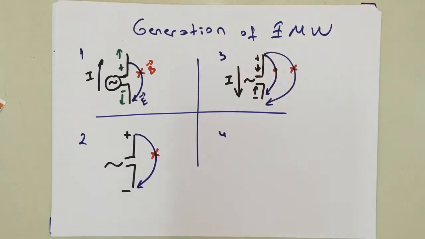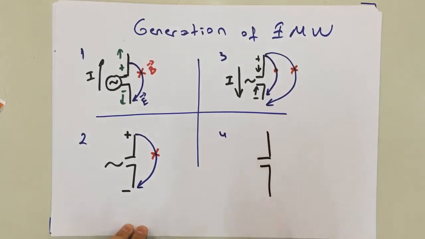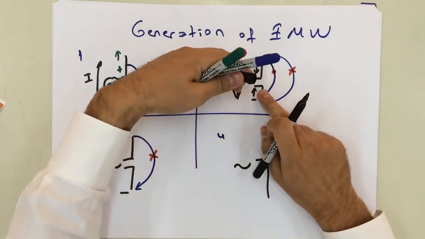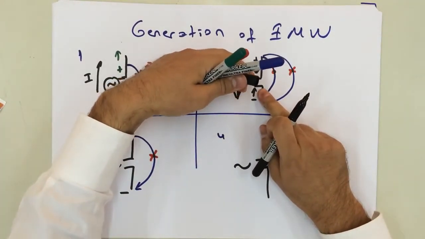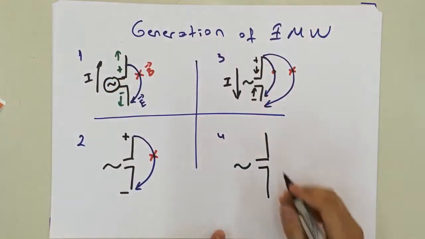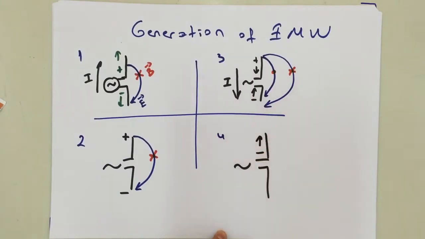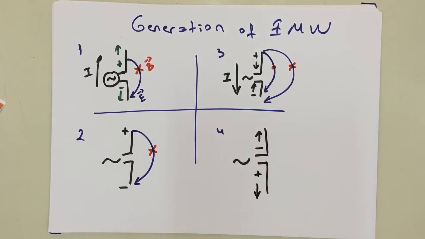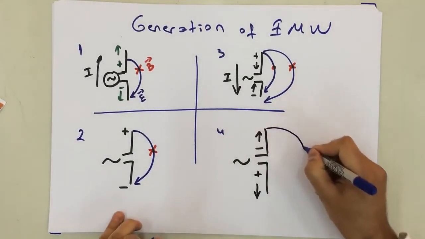But still, the loop is not completed. And then, the ends of the antenna, when they reach the initial position, the current reverses. Now negative charge will move up and positive charge will move down. At that time, this is our initial wave.